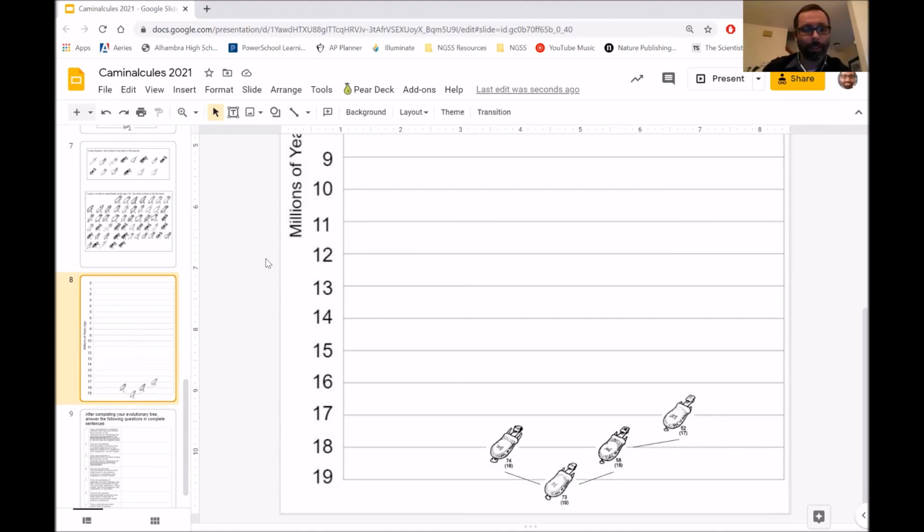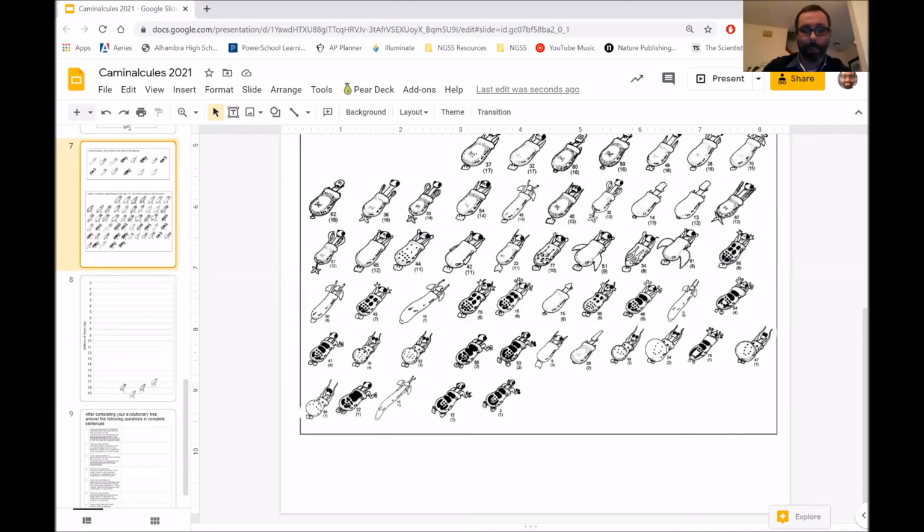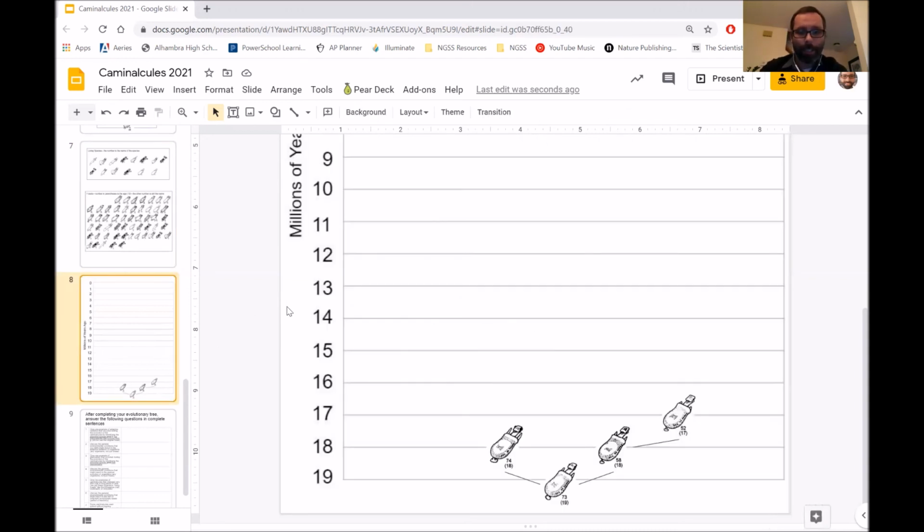Now, one last hint that I do want to give you is that students get this idea that you have to go from 19 to 18 to 17, and the next one should be 16, and the next one should be 15. Let's just say this is not the right one, right? But let's just say I find this one, and this one says it goes on the 10 line, right? It is possible that you could have a line that goes all the way down to here, right?